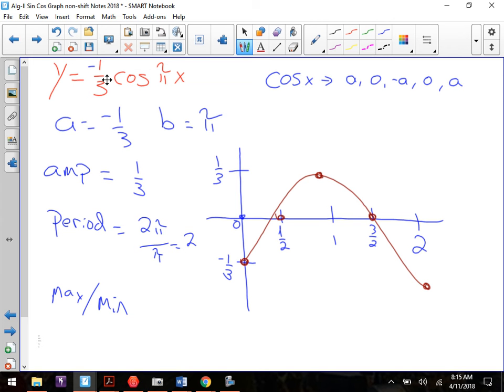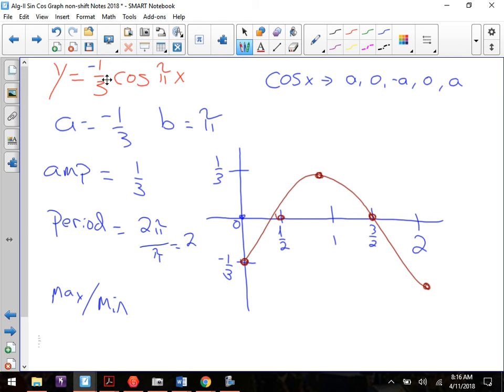Wait, so for the min, do we put 0 or negative 1/3? Either one is fine, honestly. Technically, if you remember how we did intervals, we always included 0, we did not include 2 pi. So I would say it should technically be that one, but it's quick. All right. It's not so bad, is it?